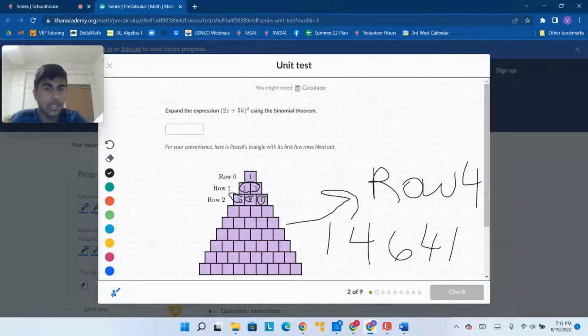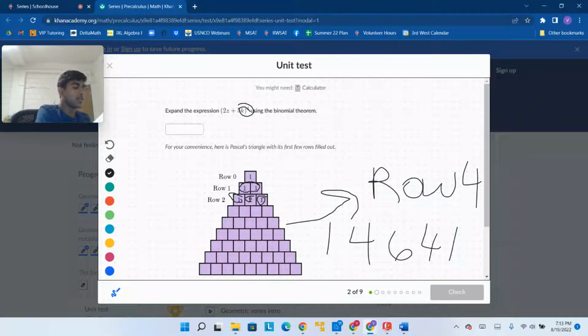And make sure it adds up to 4, right? Make sure the degrees add up to 4. That's my mistake. I'm writing on a notebook if you couldn't tell, and I'll show it to you in a minute. So 2z and then 5k to the 3rd, and then you have by itself 5k to the 4th.